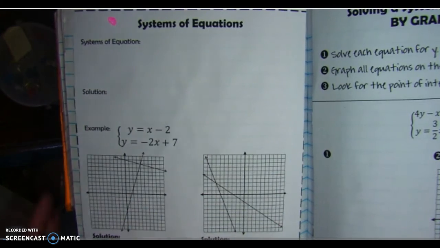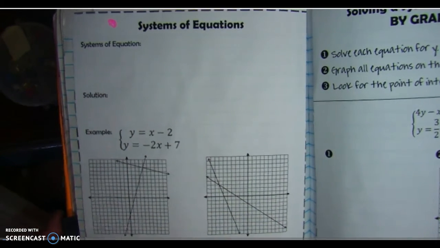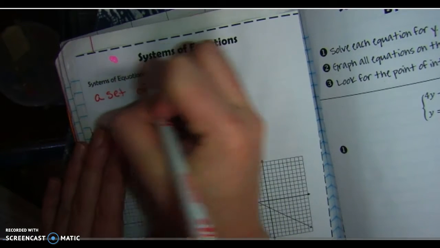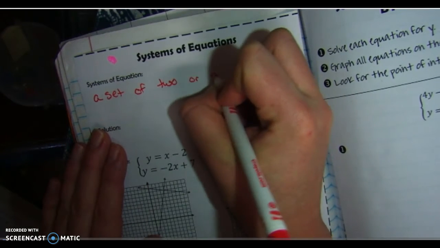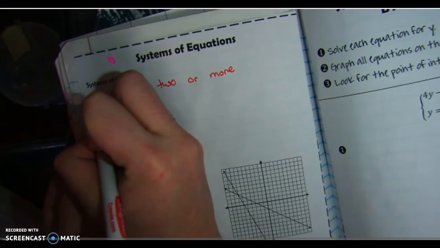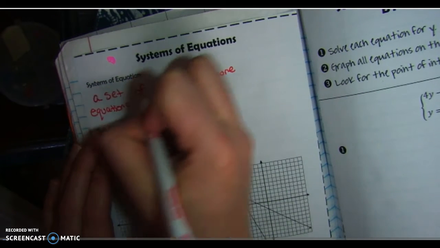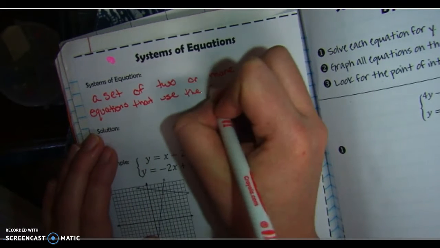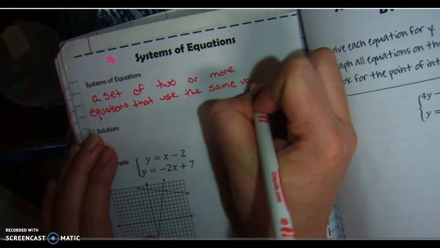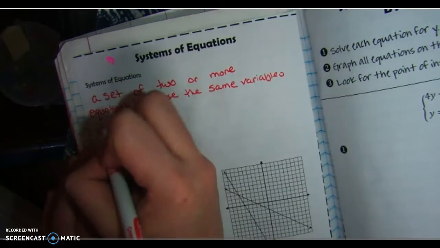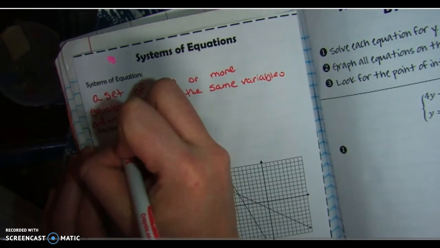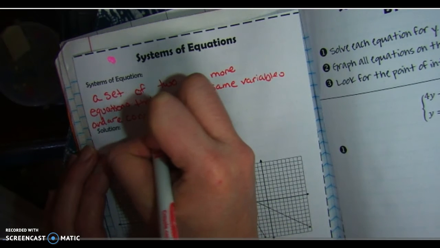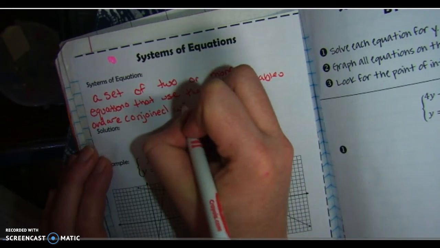A system of equations, and really inequalities, and you could do quadratics, really a system is anything that is a set of two or more equations that use the same variables and are conjoined with a bracket.